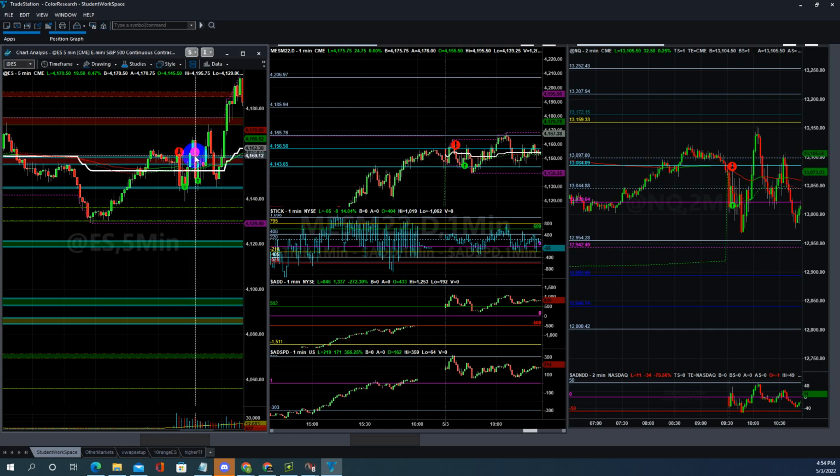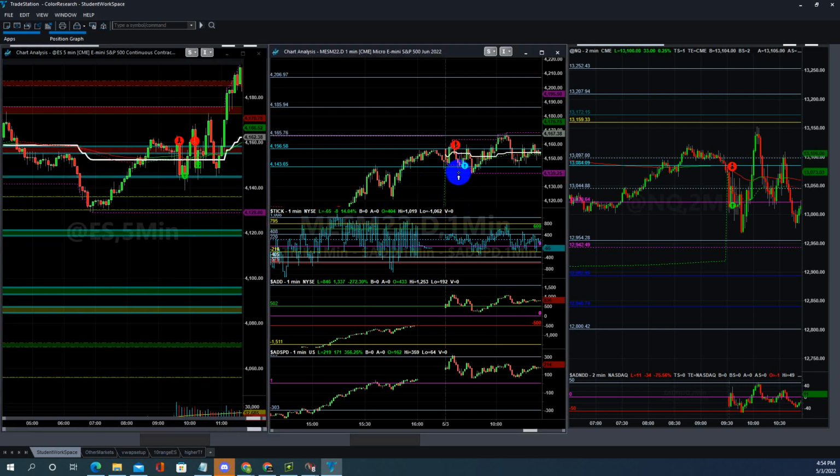So this was a short again here, if you wanted to take it. I did not take this short, I only took this one, and then again it went down, and then again it bounced. So even if you took a short, when you see this bounce, you should bail out right here. Now can you go long here? Yes, you can go long here also, right here you can go long.